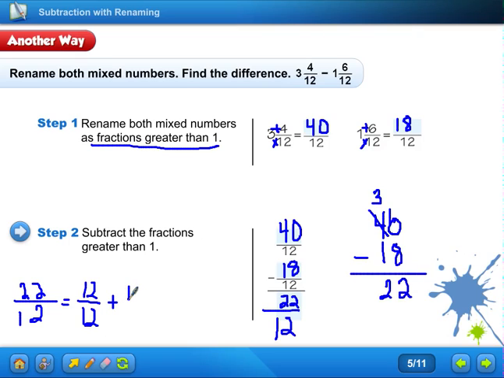Plus 10 twelfths. 10 plus 12 equals 22. So we could change this to a 1 and 10 twelfths. You could also simplify this to be 1 and 5/6.